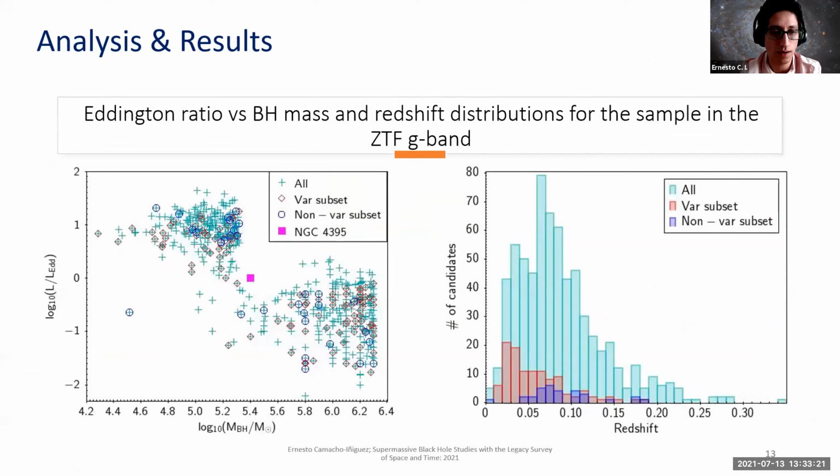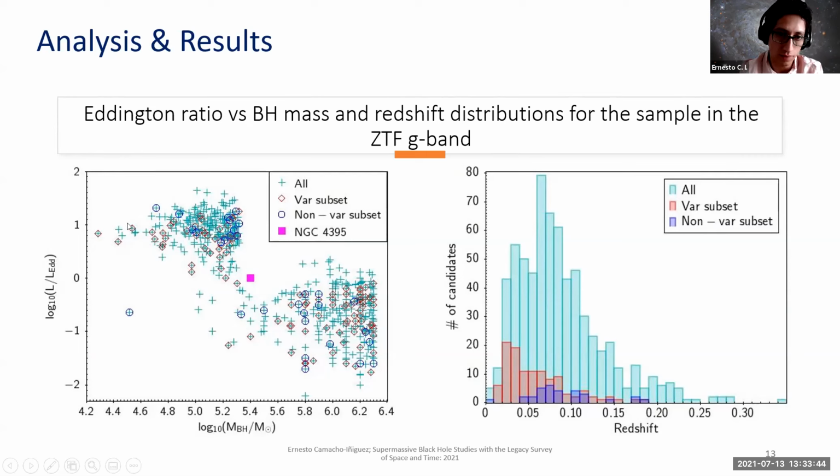Okay, so now I show you here the Eddington ratio versus black hole mass at the left. We can see that we have a distribution of black hole masses, which is not smooth. It is kind of discrete, and we have a lot of sources.